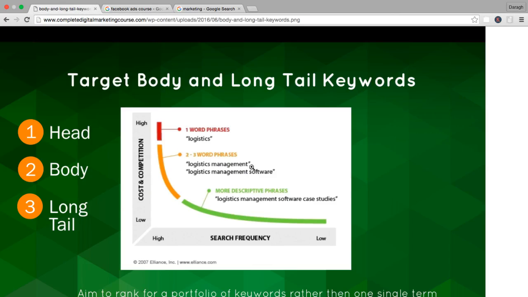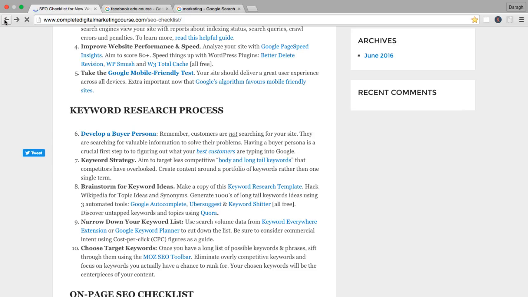So this is where I'm going to be focusing on, down for these 2 to 3 word phrases or long tail keywords, and that's really what I recommend you do as well. And as well as the types of keywords that you should go after, you should aim to rank for a portfolio of keywords rather than one single term. So you're going to be creating a number of different blog posts around a lot of different terms. So think of it as a portfolio approach rather than as you're just going to be at the top of the search results for one term.